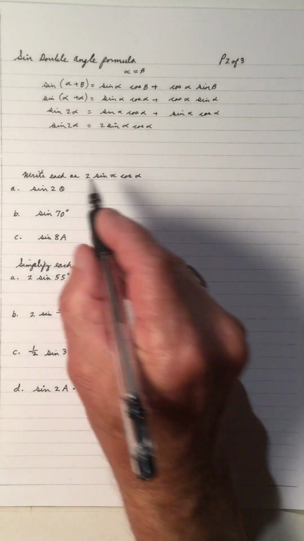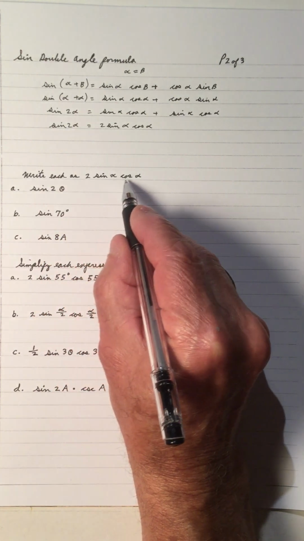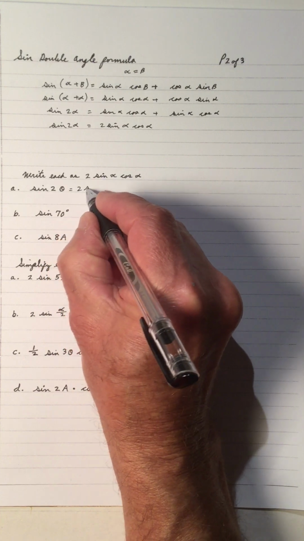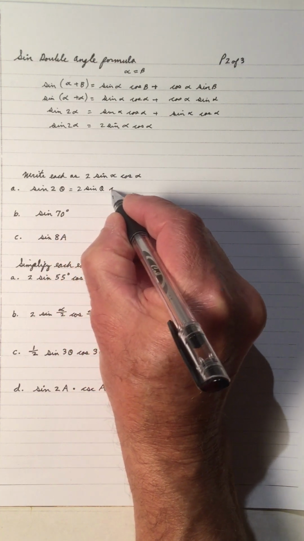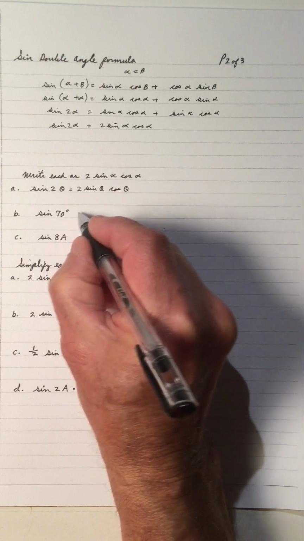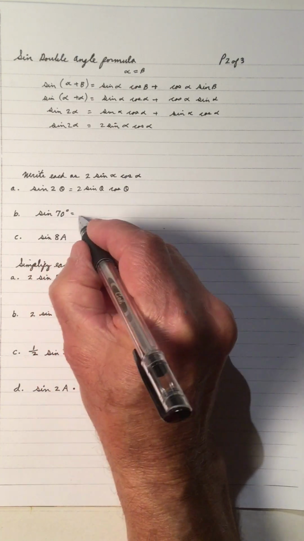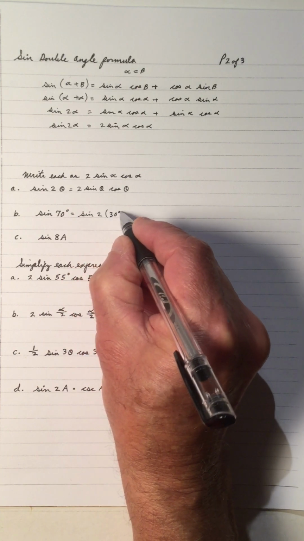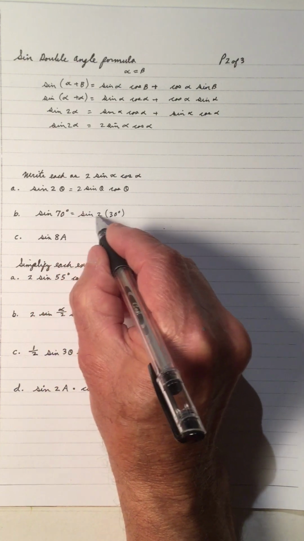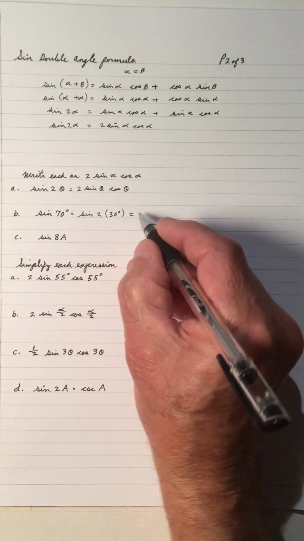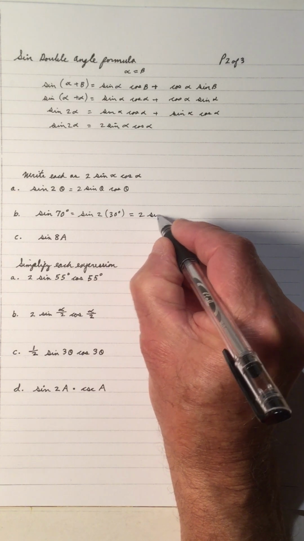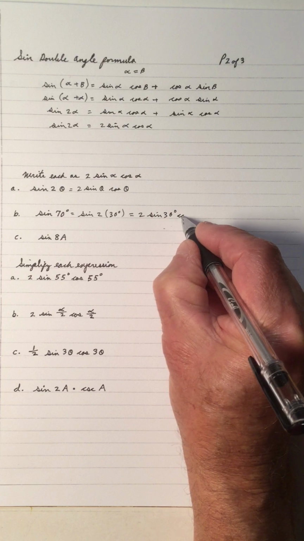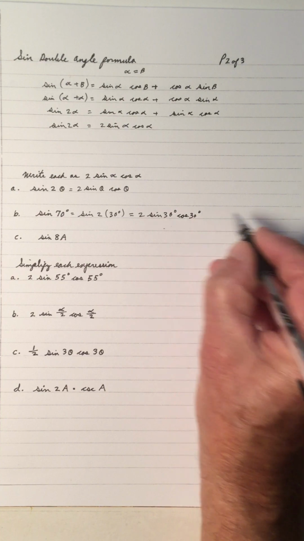So let's do some practice. Write each as 2 sine alpha cos alpha. The sine of 2 theta is 2 sine theta cos theta. The sine of 60 degrees is the same as the sine of 2 times 30 degrees, so that's 2 sine 30 cos 30.